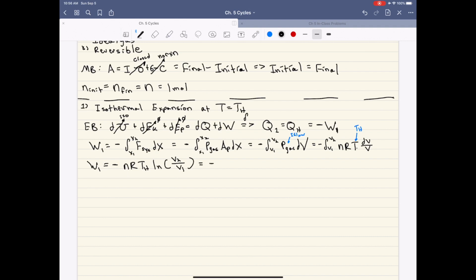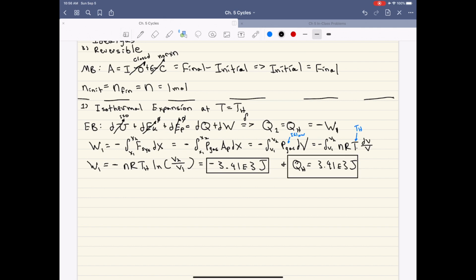And when we plug in, we get that the work is equal to negative 3.41 e to the 3 joules. And from our energy balance, we know that QH is just equal to negative W1. So QH is just going to be 3.41 e to the 3 joules.